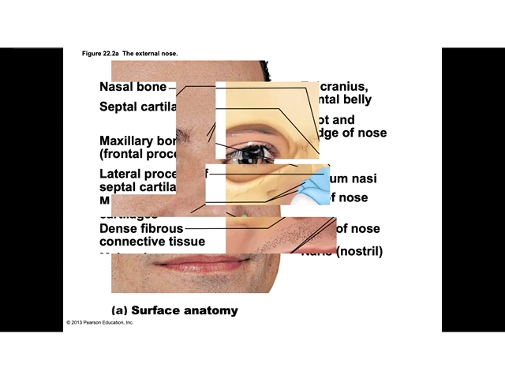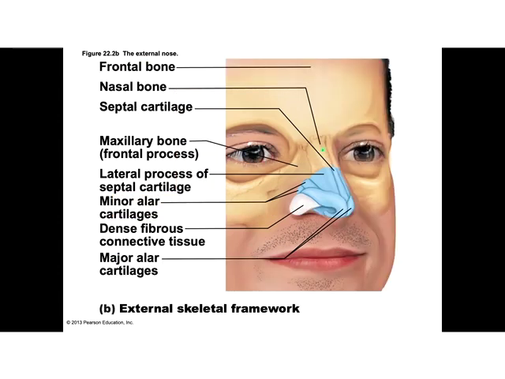If you look at the nose, it's a combination of both bone and cartilage, right? We know the bones that make up the nasal cavity include the nasal bone, the ethmoid bone, the inferior nasal concha, the vomer, and portions of the maxilla. And then the rest is cartilage, right?